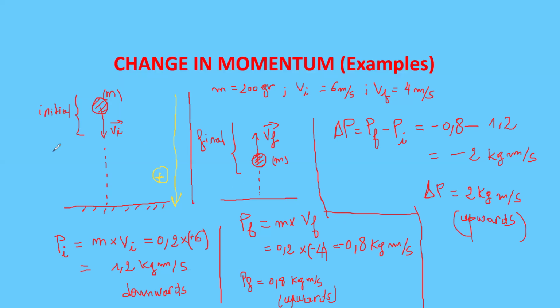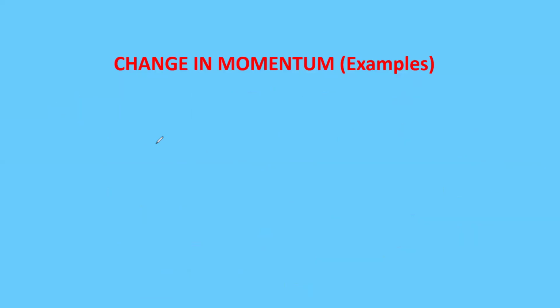Now I will consider a second example. In the second example, I also have a tennis ball with mass m. I will consider the same mass and the same velocity. The tennis ball strikes a wall. It's moving horizontally.